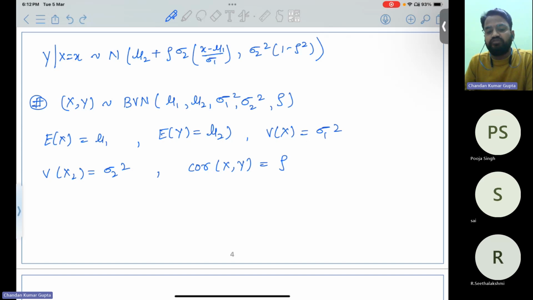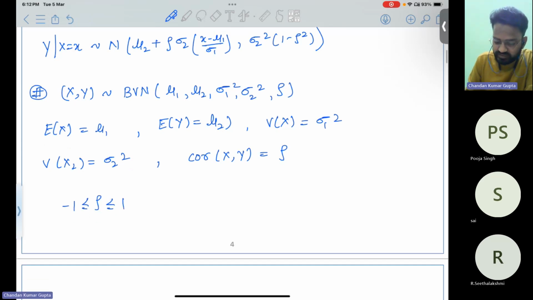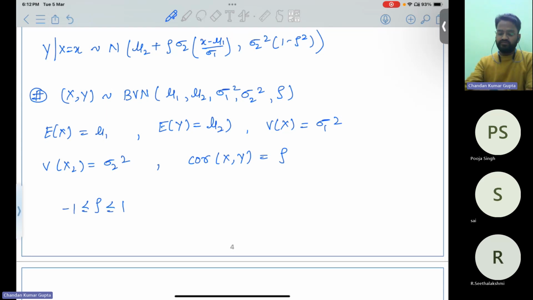Then we will evaluate the correlation coefficient. It lies within -1 to +1. The range of rho lies within -1 to +1. That means if rho equals 1, it is completely linearly associated with the other variable.